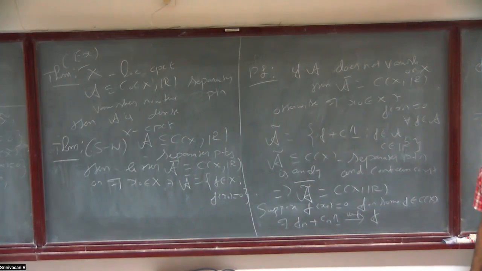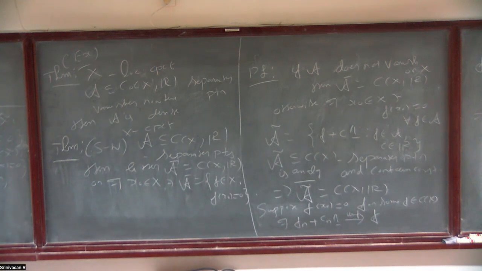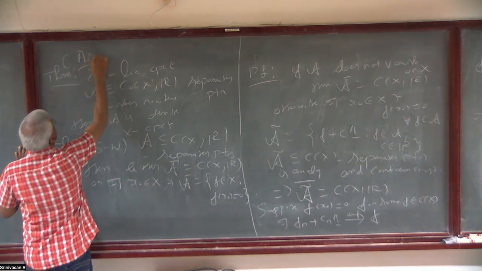So that's all for the Stone-Weierstrass theorem. If you want to start some new topic, if you want to write, you write it, and then I will erase and start a new topic. Assignment, okay?